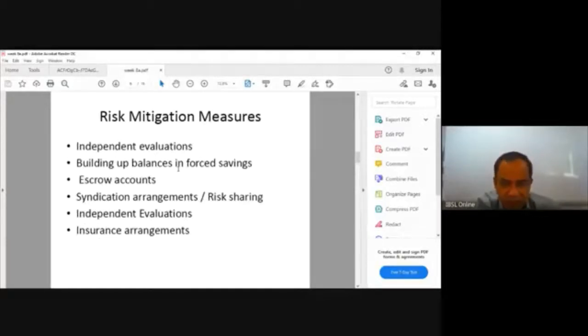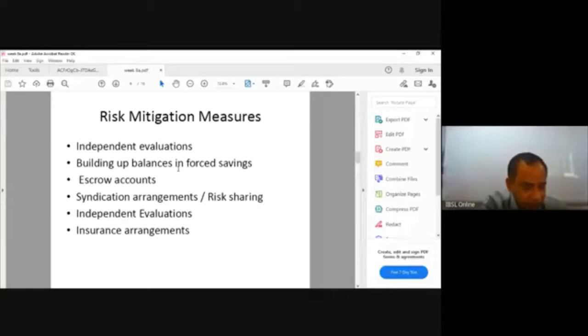The other risk mitigation measures are independent evaluations. Even the lending officers, branch managers, assistant managers, relationship managers, who are supposed to have a judgment on the property valuation, right? Not only from the point of view of what the customer says, we get an independent valuer to go and value.